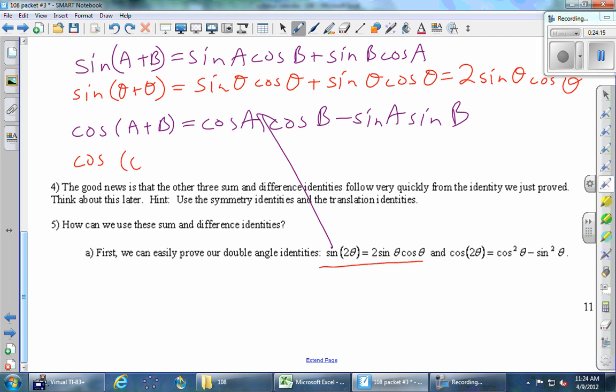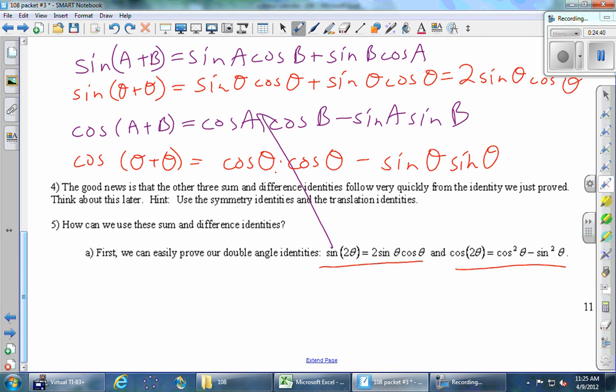So cosine of theta plus theta equals cosine theta times cosine of theta minus sine theta sine theta. And then that first term is really cosine squared theta minus sine squared theta. So that's that identity.